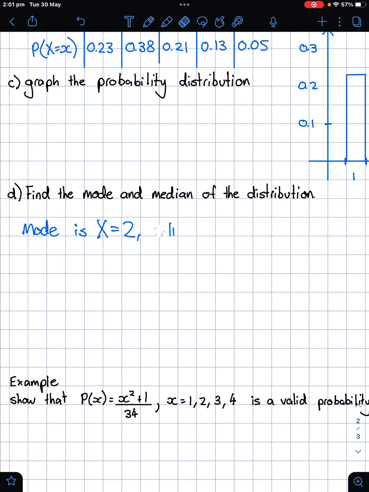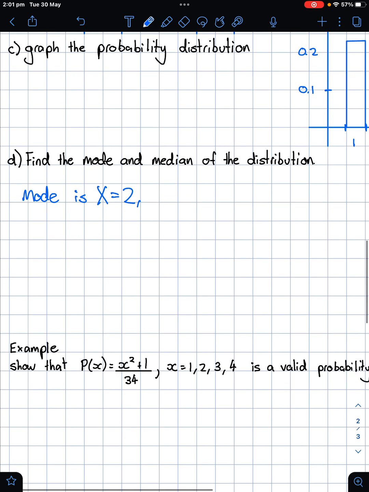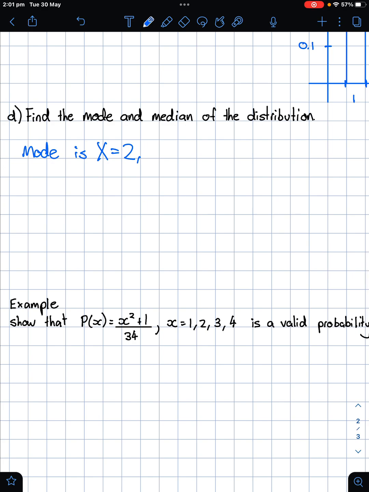We state our answer here: the mode is when it equals 2. Most customers buy 2 magazines.